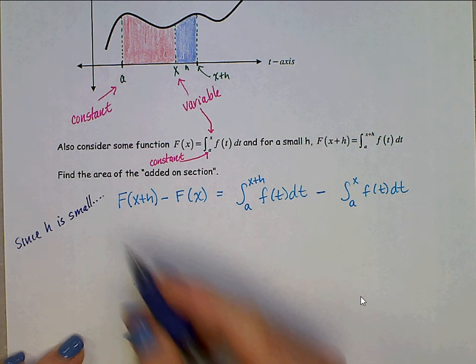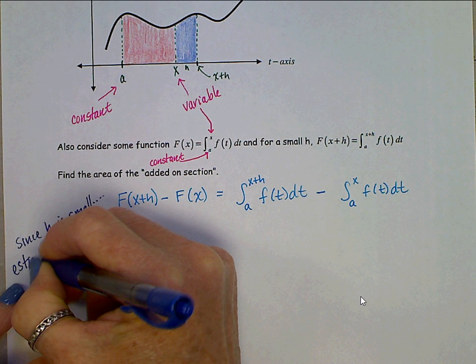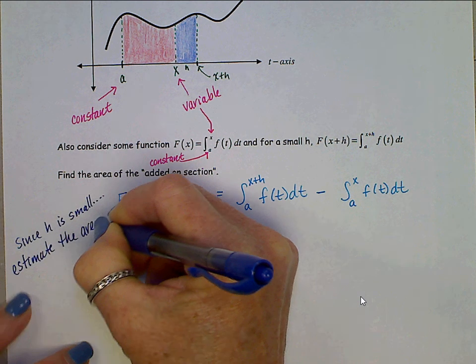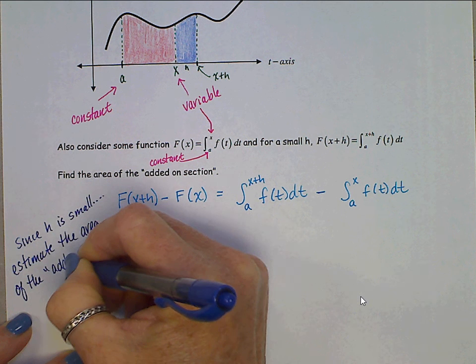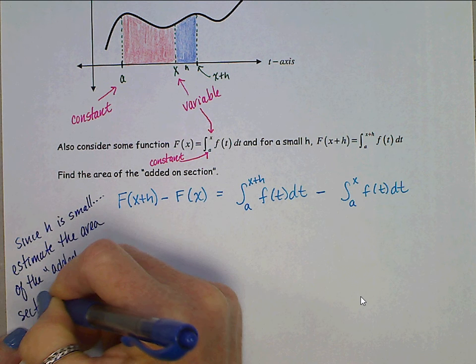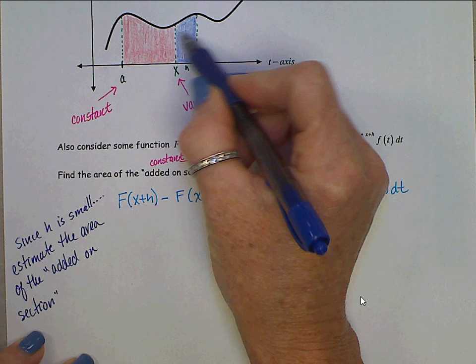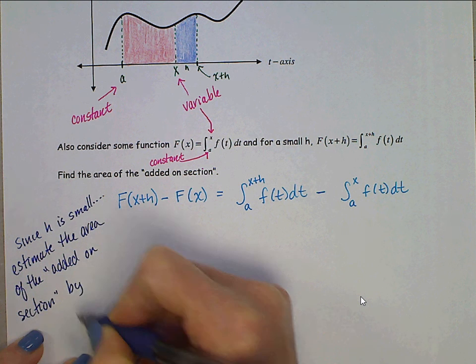So we can estimate the area of that added on section by using one rectangle. If it's pretty narrow, we can estimate that area by using one rectangle with a left-hand height.